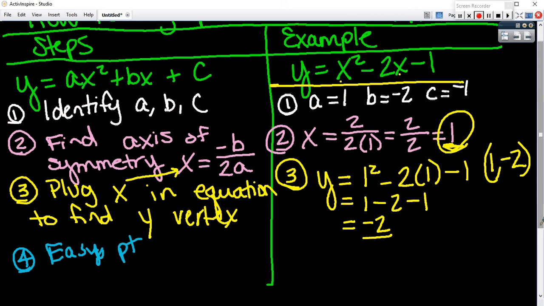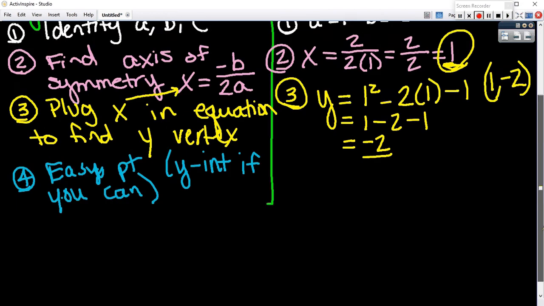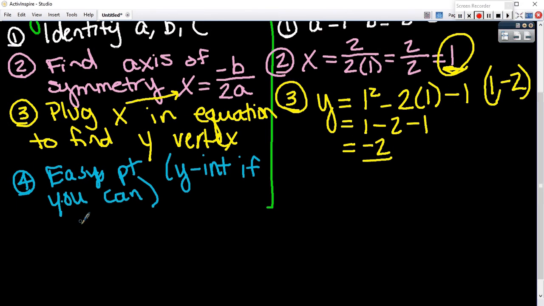And I can use that in this case. I'm going to put y-intercept if you can. Now, it could be that my vertex is my y-intercept, in which case I couldn't use it, okay? So I'd have to pick an x. When you pick an x, you go to your vertex and you add 1, okay?